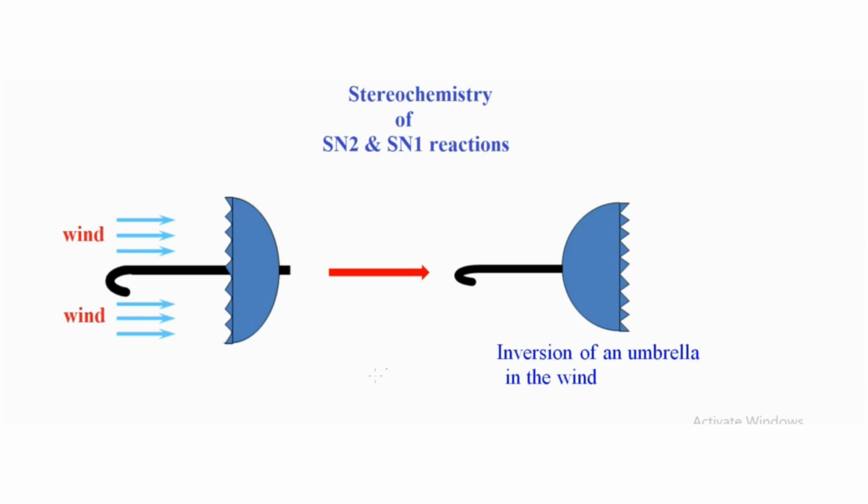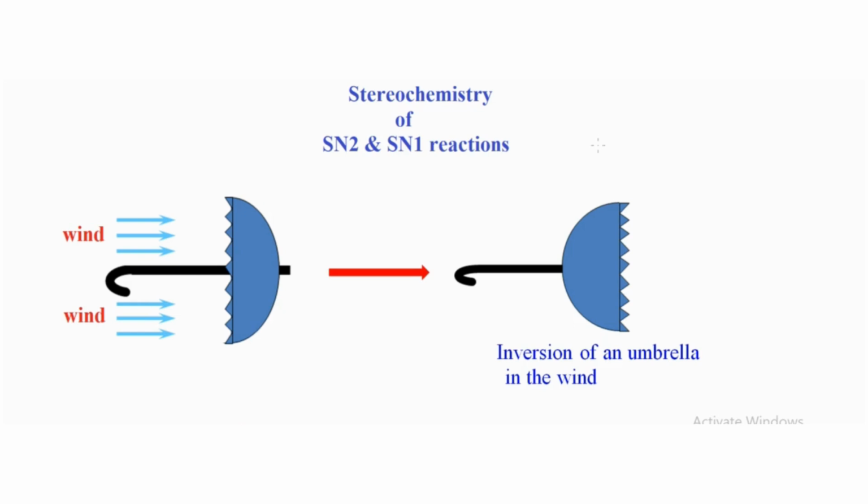You see, this is an umbrella, and if the wind is striking, what is happening? This umbrella is getting inverted. So that means the inversion of the umbrella took place. That means the umbrella turned inside out because the wind is passing in this direction.